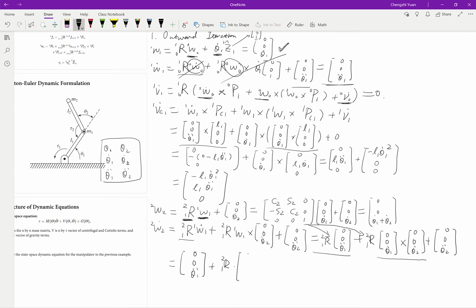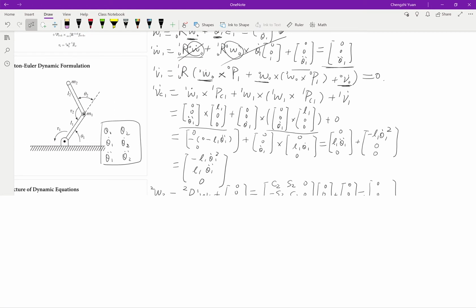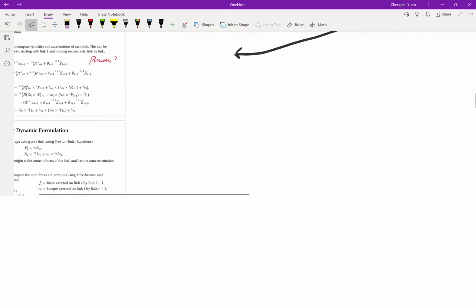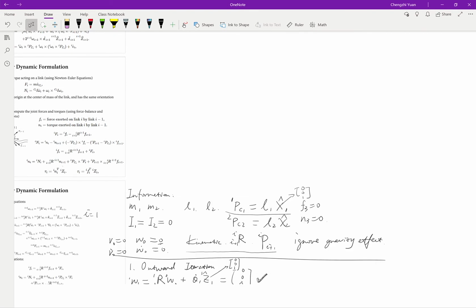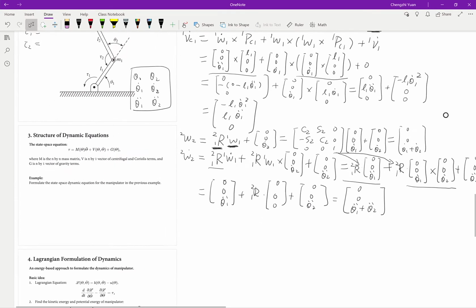Okay, it will be 0 0 0, and then plus 0 0 theta 2 double dot. So the final result would be simply 0 0 theta 1 double dot plus theta 2 double dot. Okay, so this is the angular acceleration for the second link.